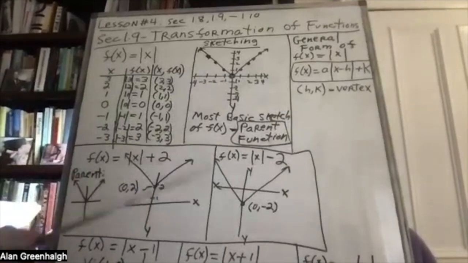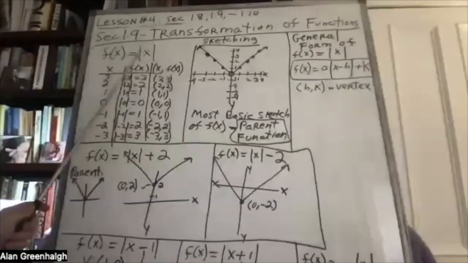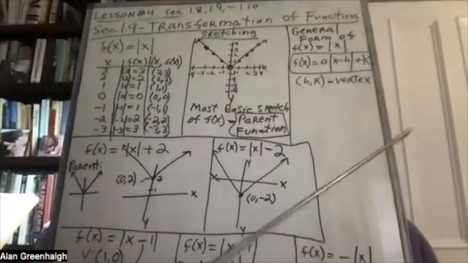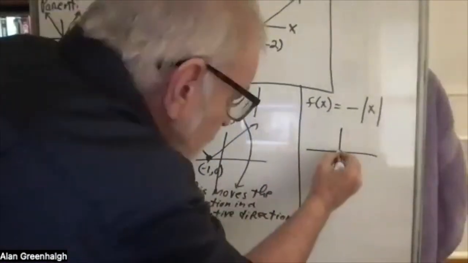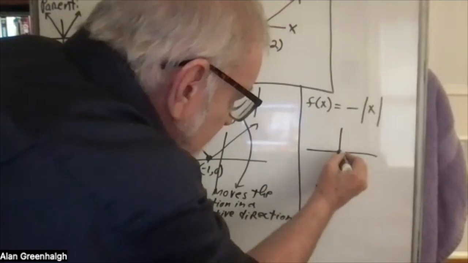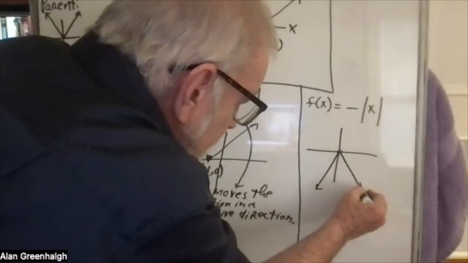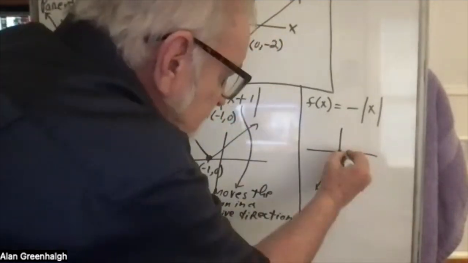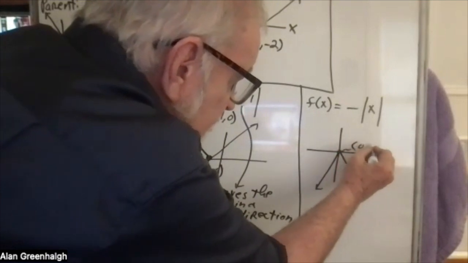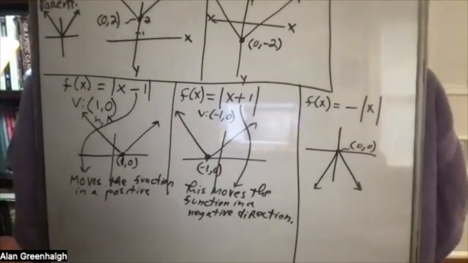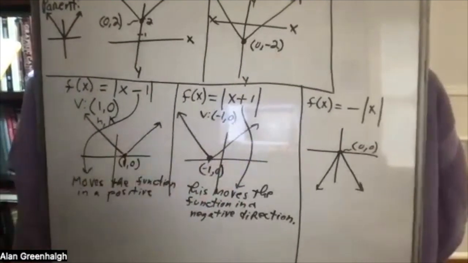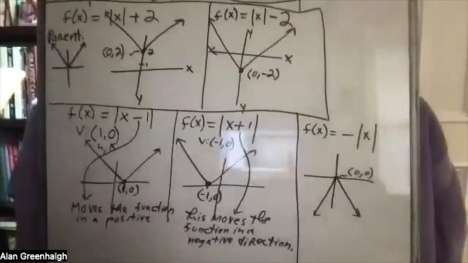So when there's a negative, this had a positive, but when it's a negative, that means that this will be upside down. So it'll still be the same vertex, 0, 0, but it'll now be upside down. These are all the different things that could happen to a function.